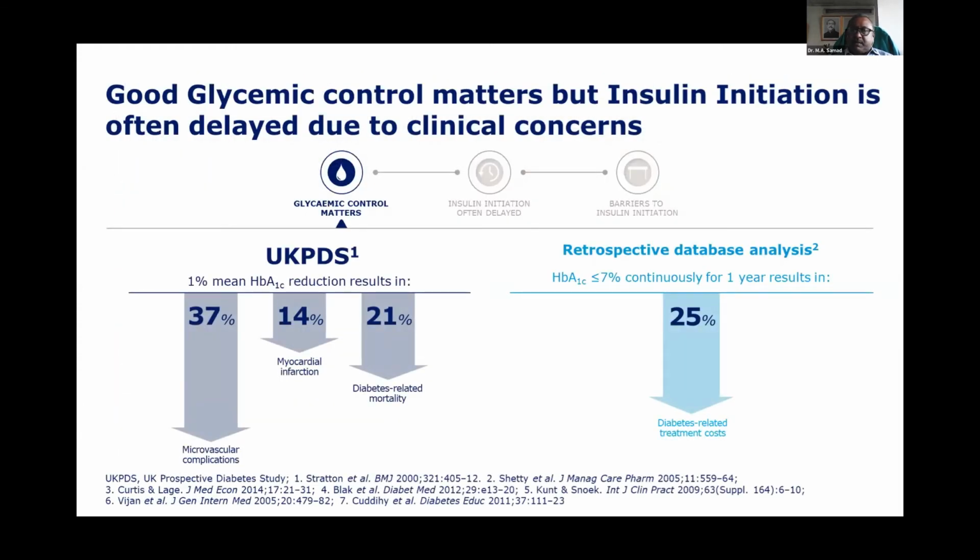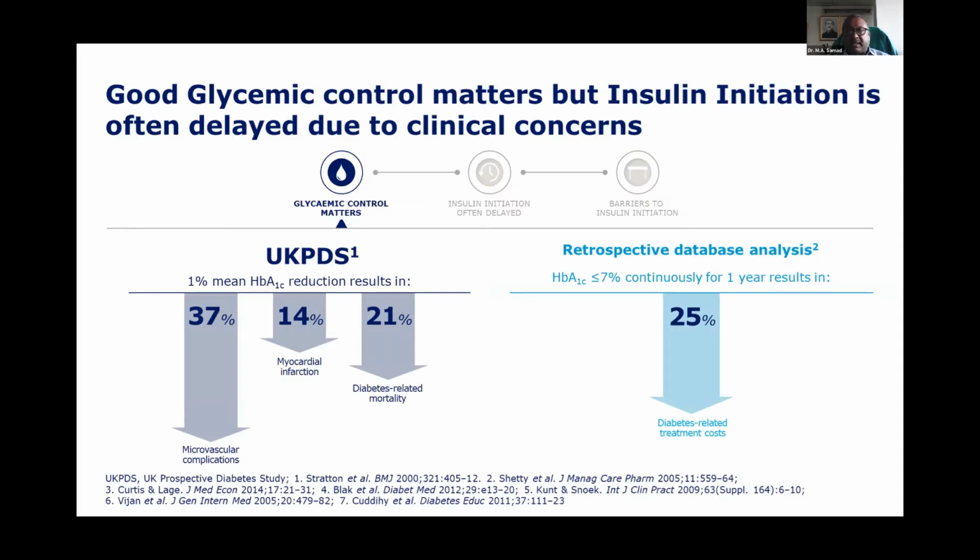So you see, good glycemic control matters, but often we are delaying to initiate the insulin. UKPDS says if you can reduce the hemoglobin A1c by even 1%, that can reduce microvascular complications by 37%, myocardial infarction by 14%, and diabetes-related mortality by 21%.